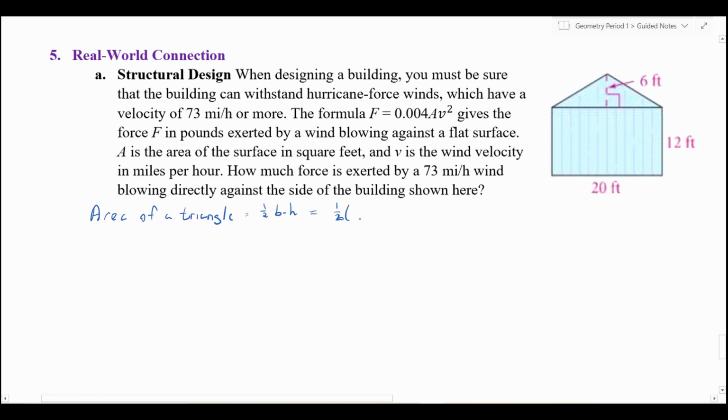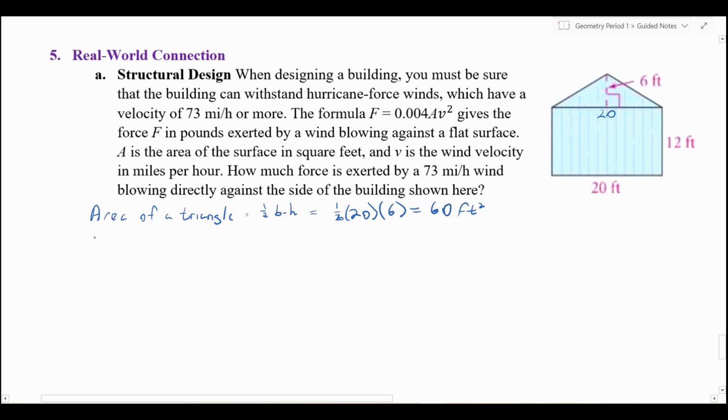The base, well, they share a side, right? Since a rectangle is a parallelogram, if this is 20, so is this. So we know that this length over here is 20. So the base here is 20, so it's going to be 1/2 times 20 times 6. And that's going to give me 60 square feet. All right, that's the area of that one.